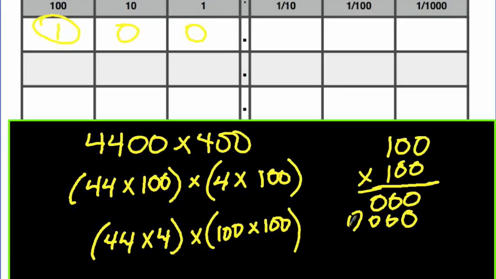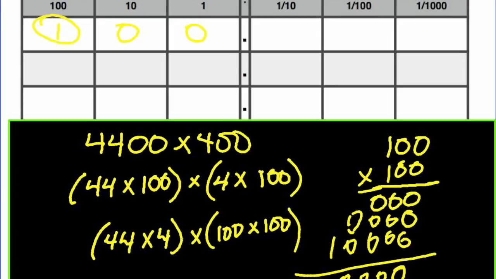There we go. 0, 0, 0, 0, 1. Add them all together. 0, 0, 0, 0, 1. And our winner is 10 to the power of 4. Or what place is that on the place value chart? Everybody. 10,000. Boom.